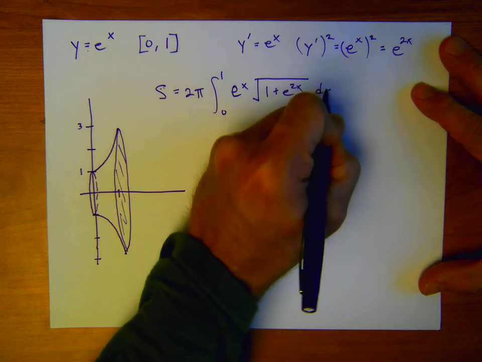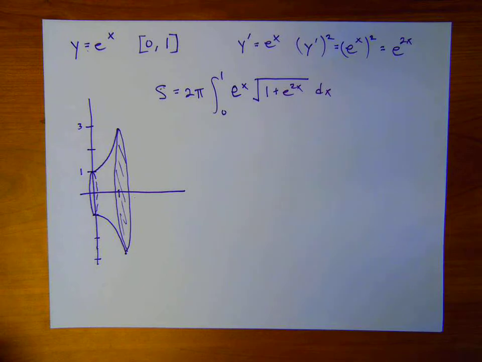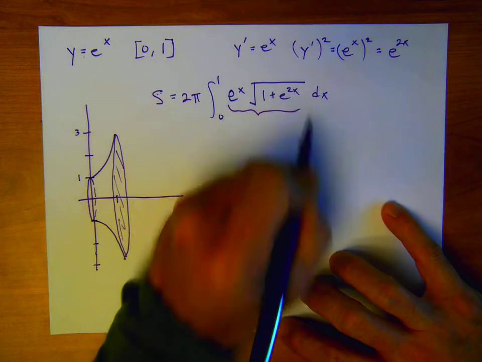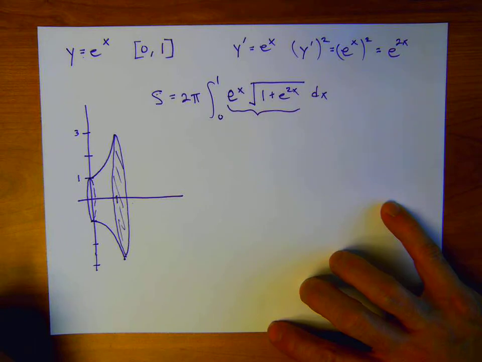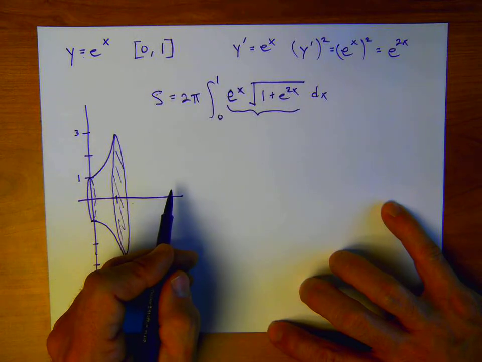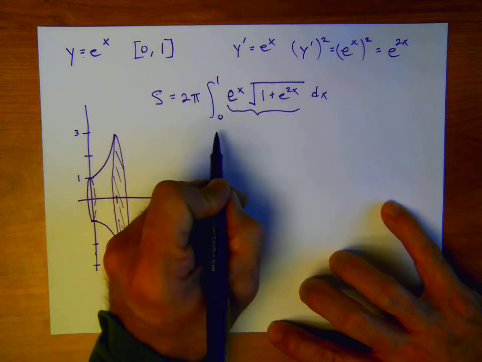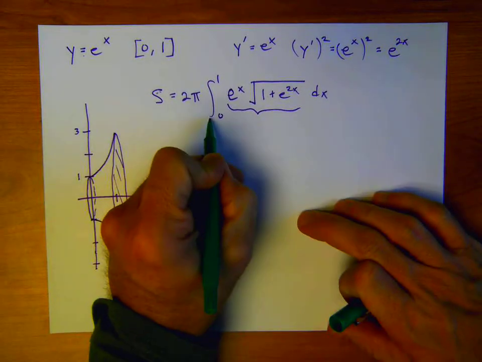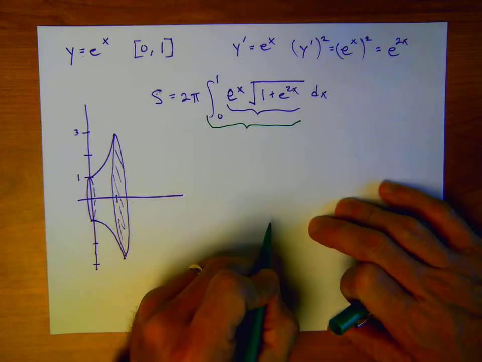There are ways to do this by hand, but it gets pretty messy. So what I would suggest is that you use your calculator. Just be careful putting these things in, that you put them in correctly. If you do that, for this integral you would get 3.65.